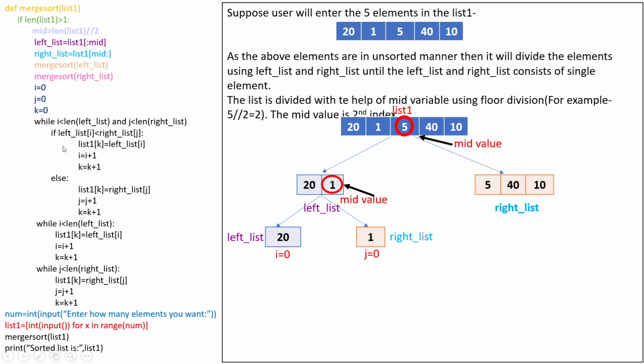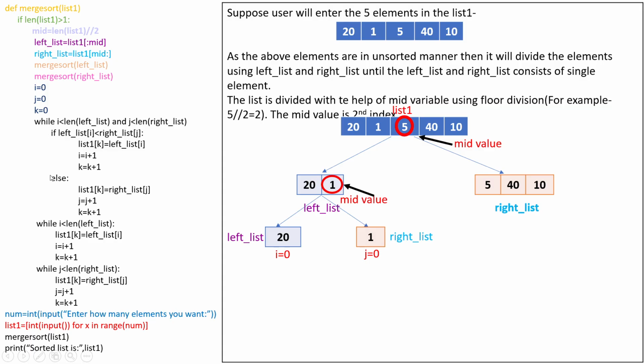Now, how does this while loop execute? If left list of I, left list of 0, less than right list of J. J is also 0. Means left list of I is 20, right list of J is 1. Is 20 less than 1? False.